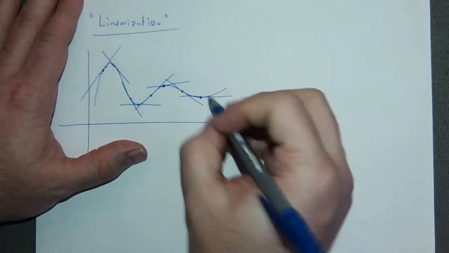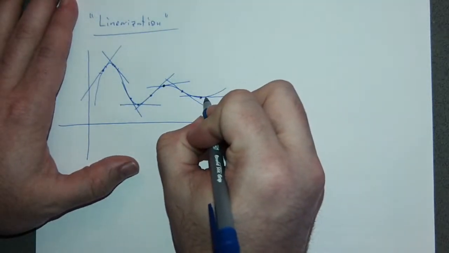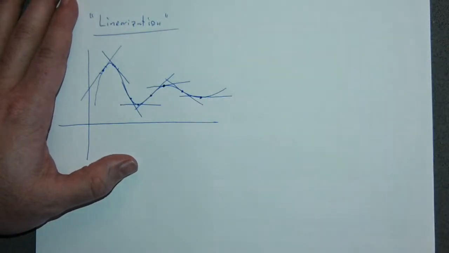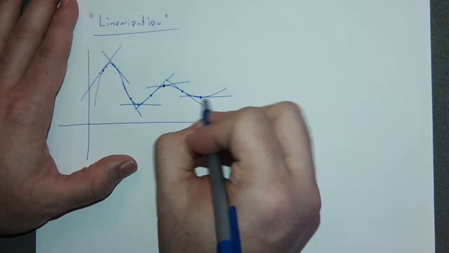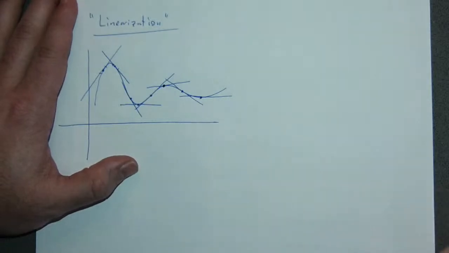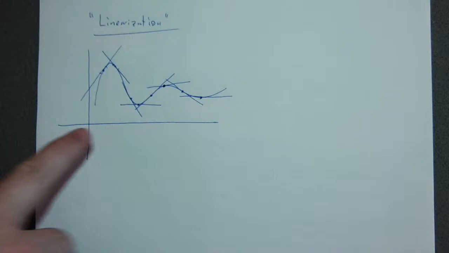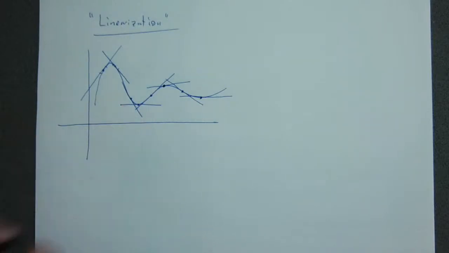Okay, what do I mean by that? So for instance here, I have this tangent line that is tangent to this graph at this point. So then what if I go out to this point? If I go out to this point and I say, is there some line that has values on it that are very close to the values of the function near this point? The answer is yeah, that line is the tangent line. In fact, all these tangent lines give you an approximation of values so long as you stay near this point.